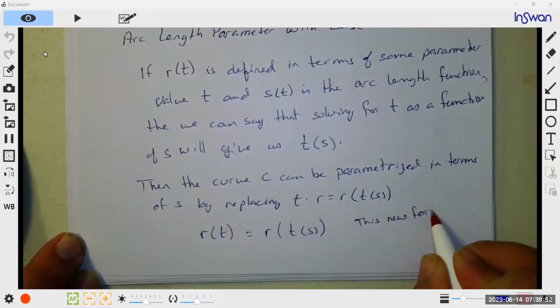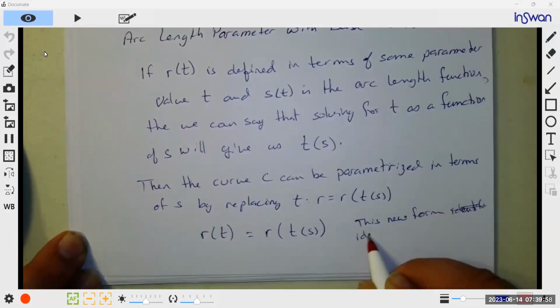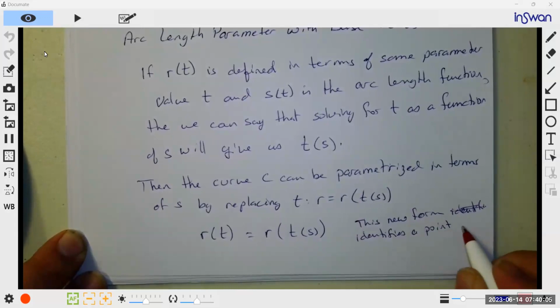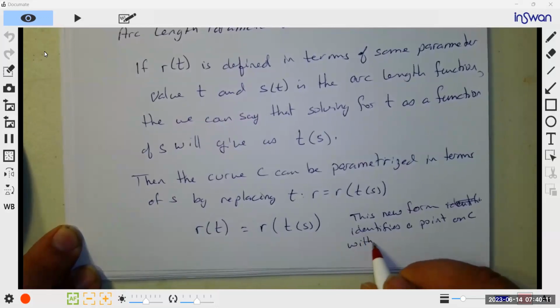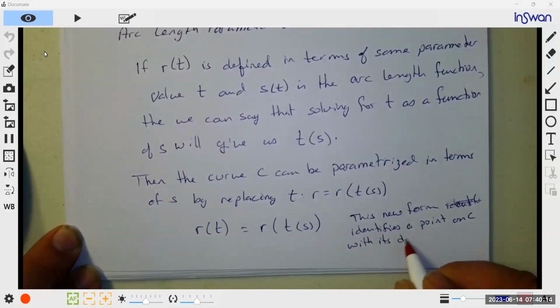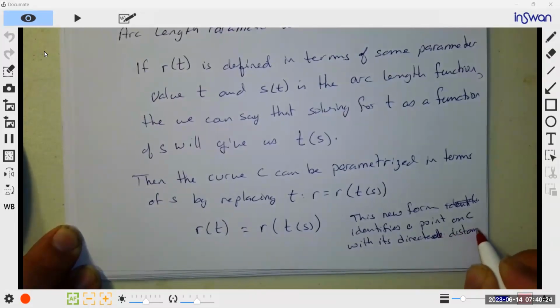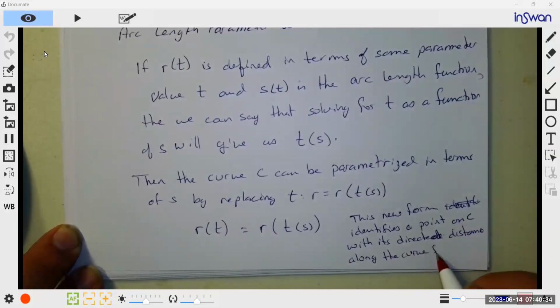This new form identifies a point on the curve C with its directed distance along the curve from P at t sub 0.